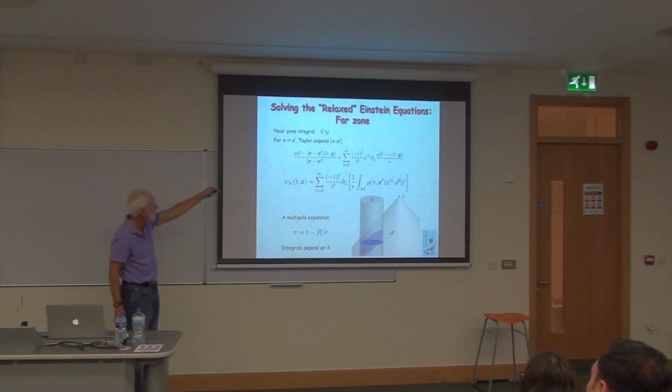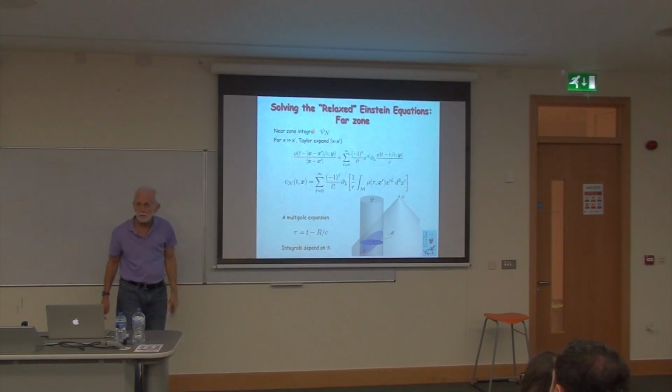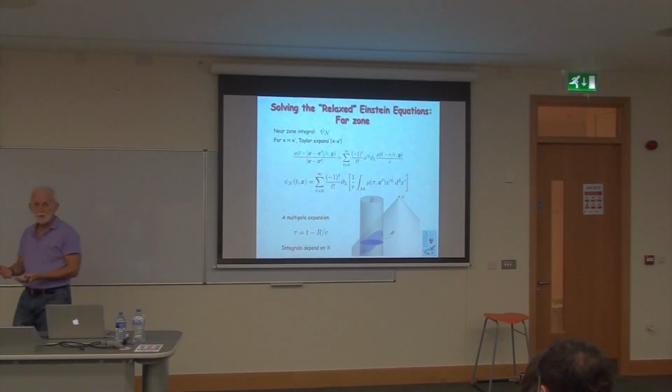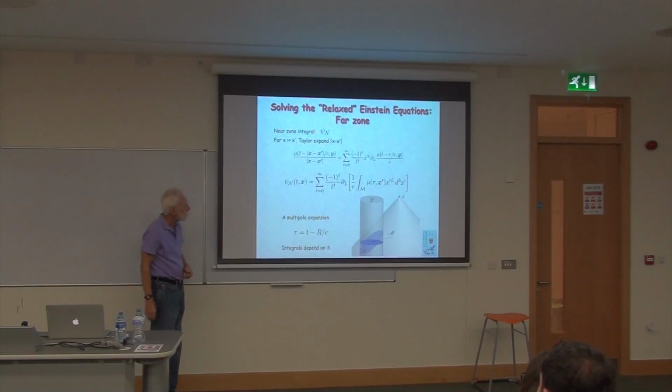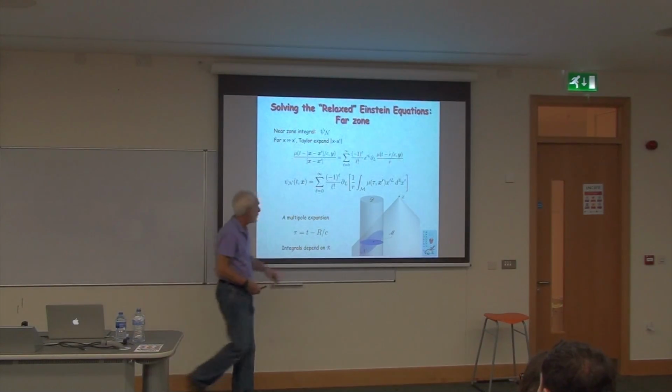So x prime is very small compared to x. So let's just Taylor expand the x minus x prime that appears here. This is similar to what we did when we were talking about a slightly non-spherical body. We're looking at a point outside the body, and we expand with respect to x prime, which is inside. We do the same thing here. So it's just a Taylor expansion.